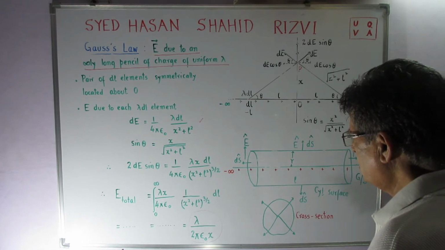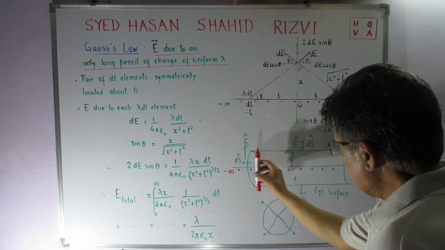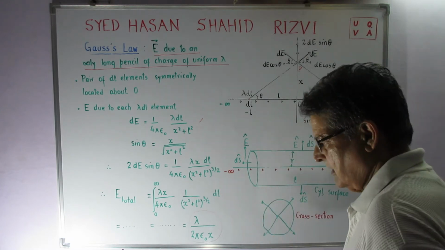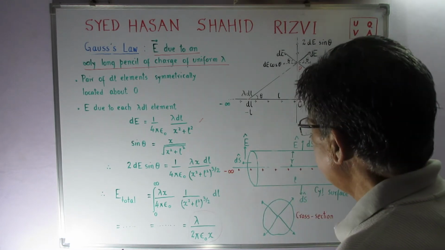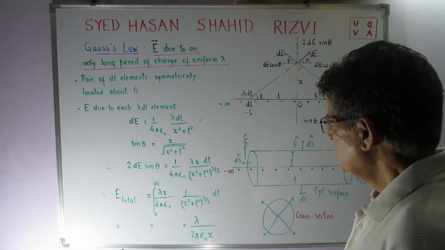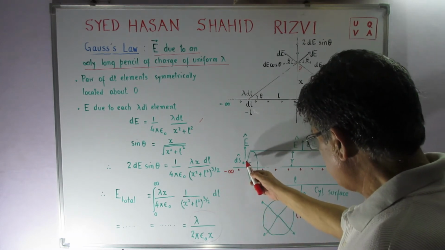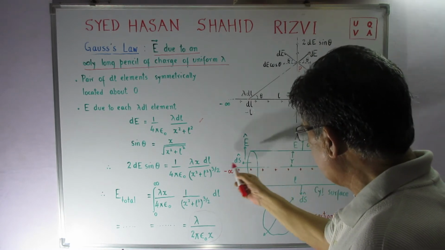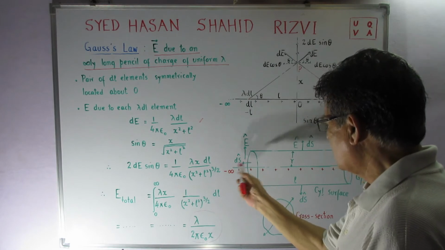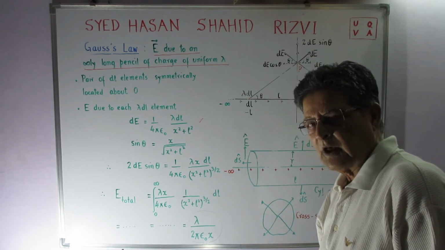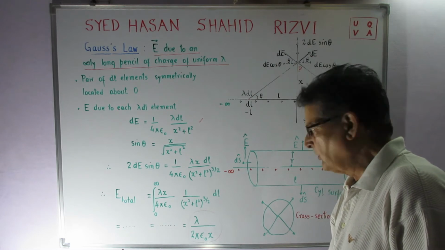Then we argue that this left side of the cylinder is a plane which is perpendicular to this line. And therefore E will be in the same direction like here, but dS will now be from right to left like this. How much is the angle between the two of them? 90 degrees, or pi by 2 radians.